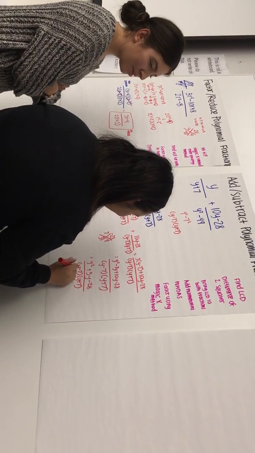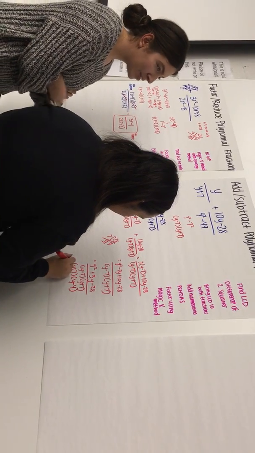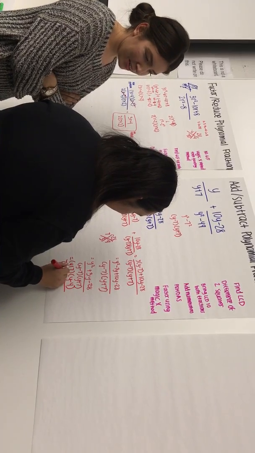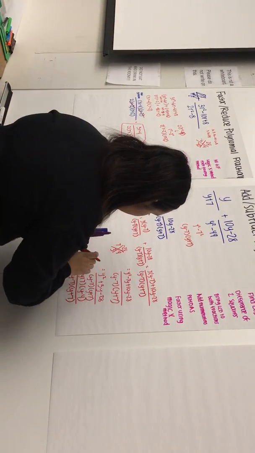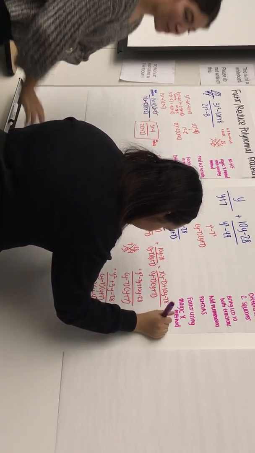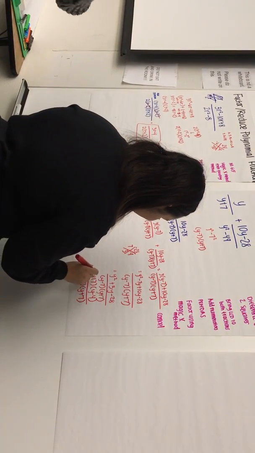I'm sorry. Amanda is smart. Look at all this great work. Yay. If you weren't smart, you would have just stopped here. But no, you knew that you had to keep going.